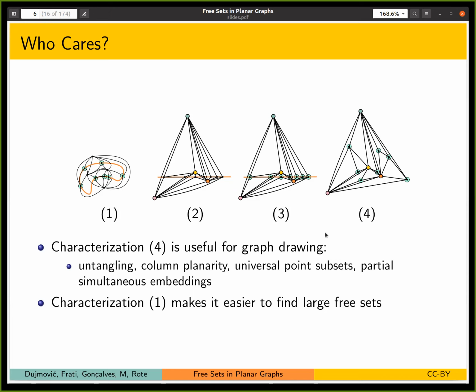So a large free set is a useful thing to have. On the other hand, if you want to find large free sets, it is much nicer to be able to work in some combinatorial structure than trying to directly work with the geometry of planar straight line graphs. So this first characterization is useful then for being able to show the existence of such large free sets.